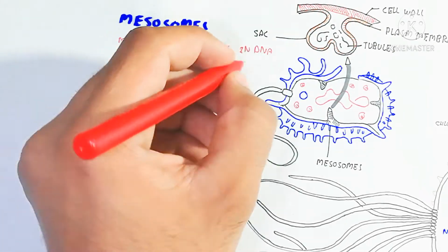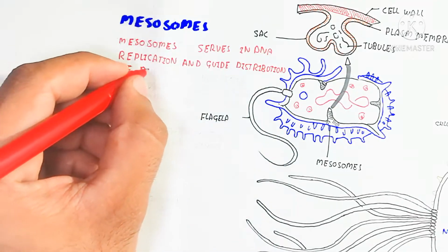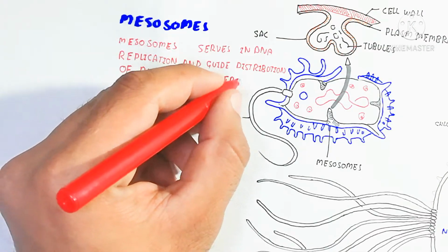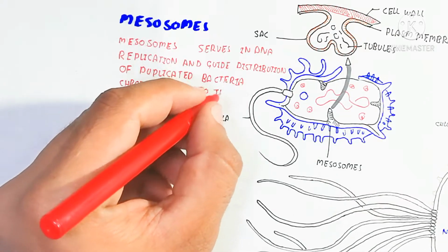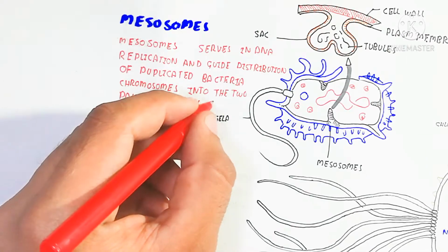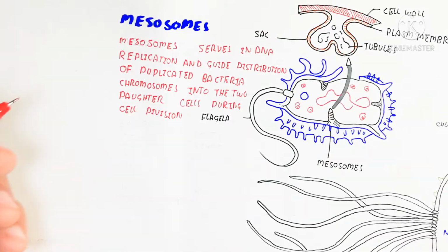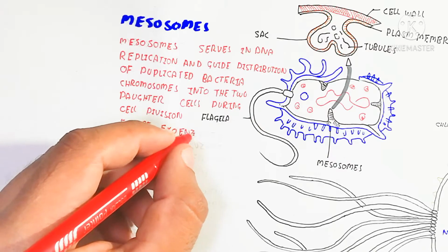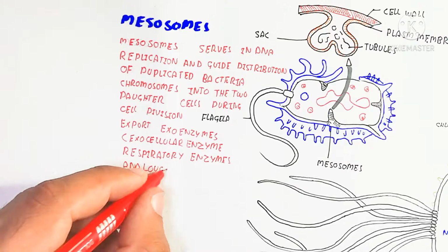It also exports exoenzymes, exocellular enzymes and respiratory enzymes, and it is basically analogous to the mitochondria because it is used as a respiratory enzyme site. So cell division is due to it.